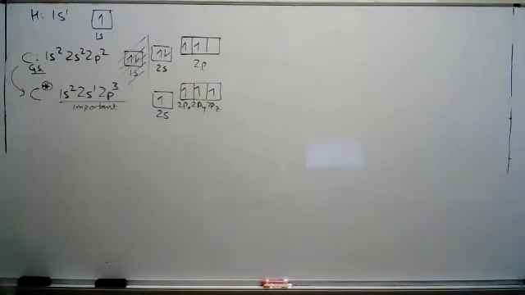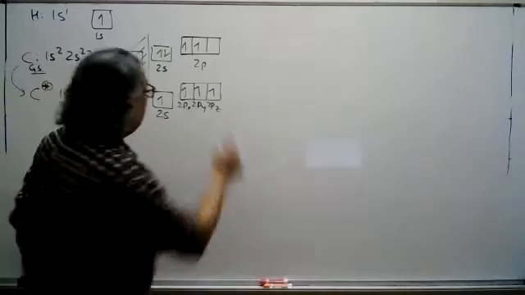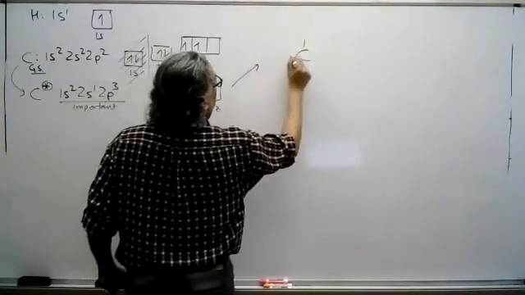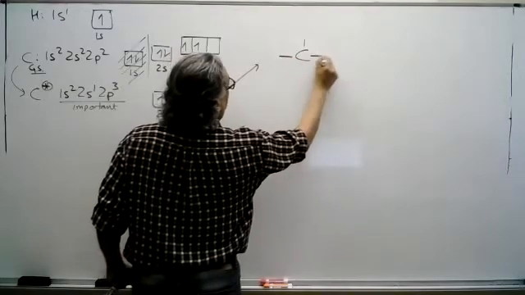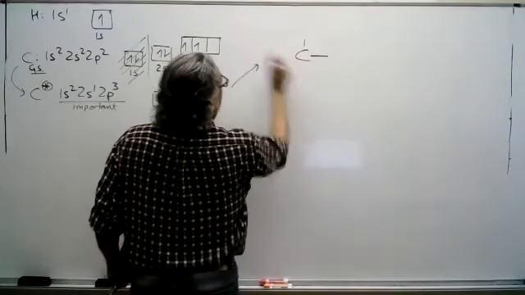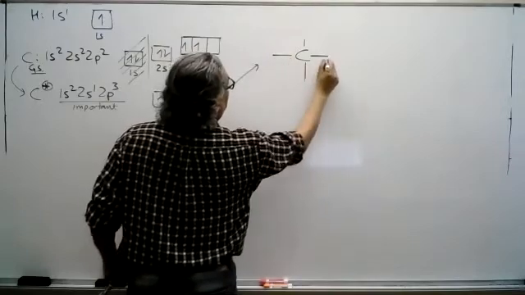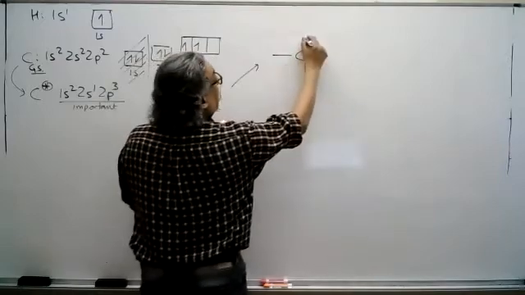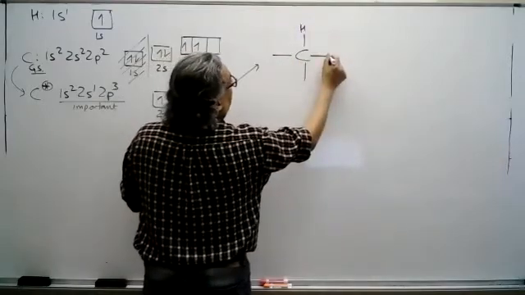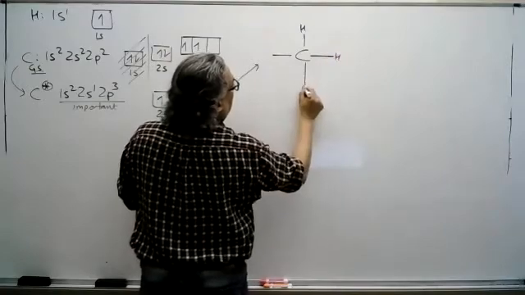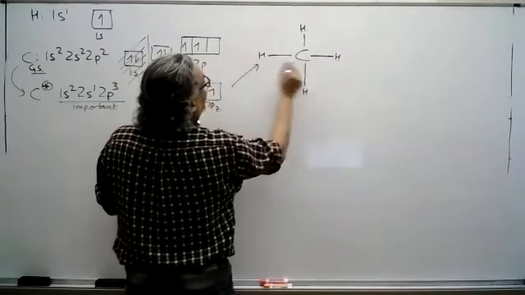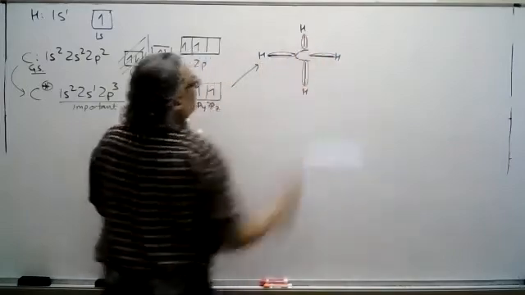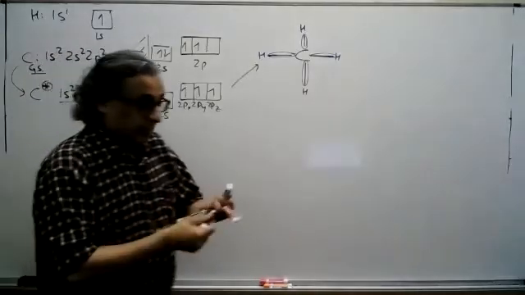So the bottom line is, if this is the case, then the structure of the molecule will look like this. This is not, by the way, Lewis dot structure. I'm just trying to give them some shape. Okay, long bond and a short bond.